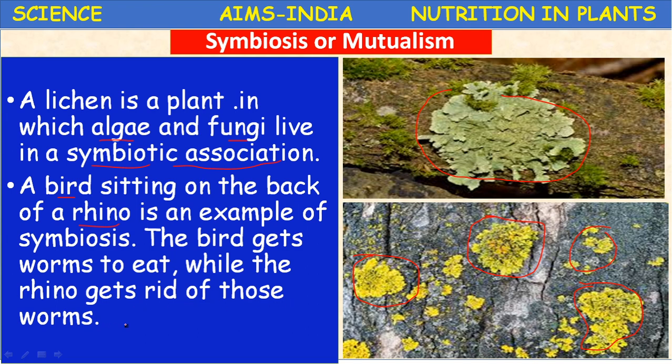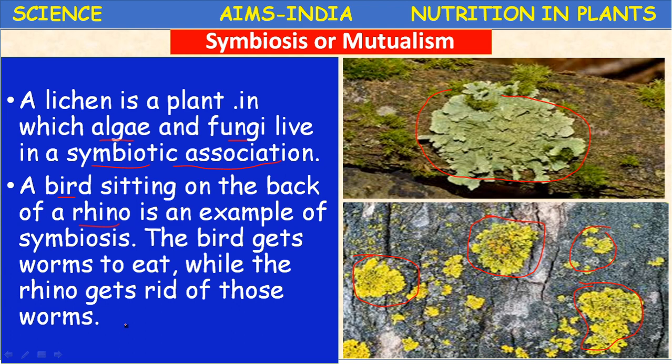Actually, some parasites which grow on the rhinoceros, some worms, suck the blood from the rhino. So these birds will eat those worms. So indirectly, the rhino is getting benefit from the bird. So the rhino allows that bird to sit on its back. Okay. So this kind of association is called symbiosis.